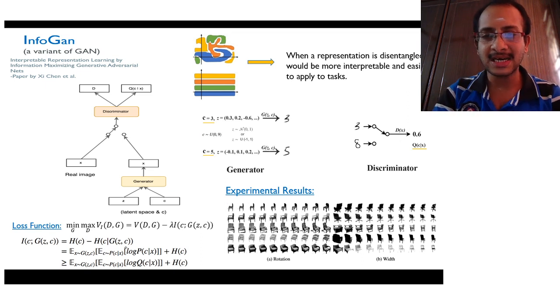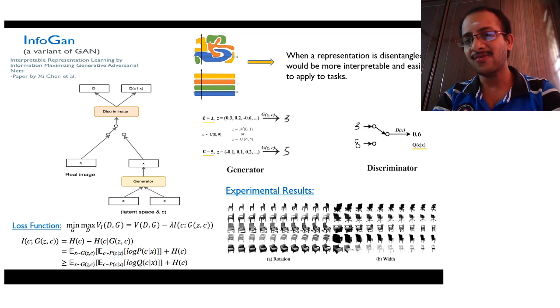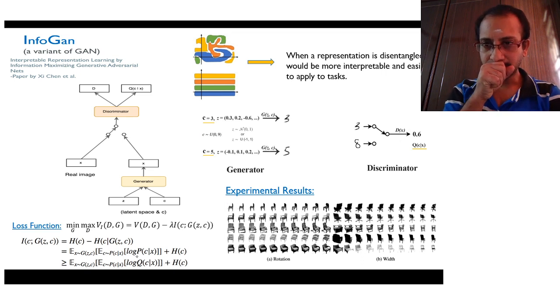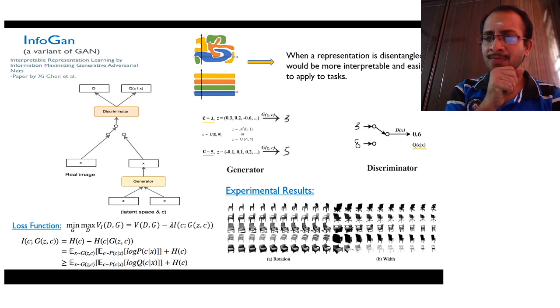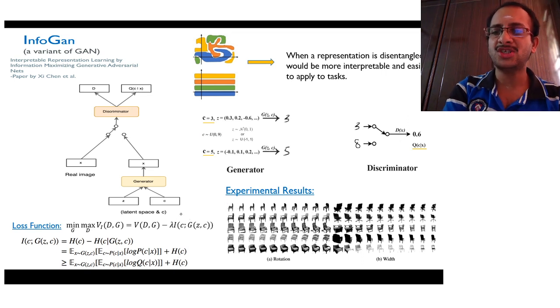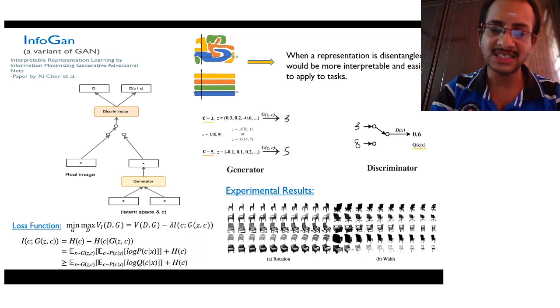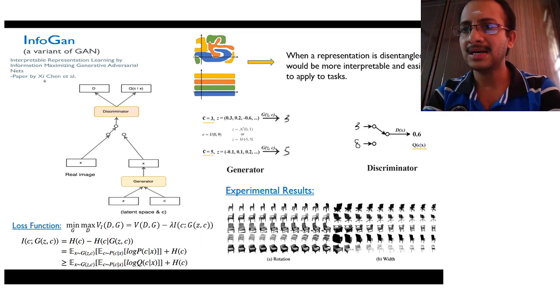The entropy of C given G means the expansion involves log of P(C given X), that is the actual probability of the code vector given X, but we don't have the actual probability, the estimate we have is Q. Hence finally the info-GAN framework has a cost function which calculates the mutual information between the estimated distribution here and the code distribution that we give, and maximizes that. You can see the more explicit discussion on the cost functions in the respective paper by Chen et al.